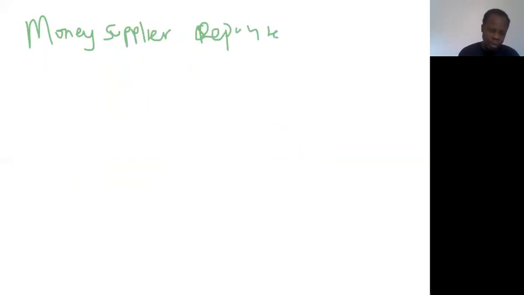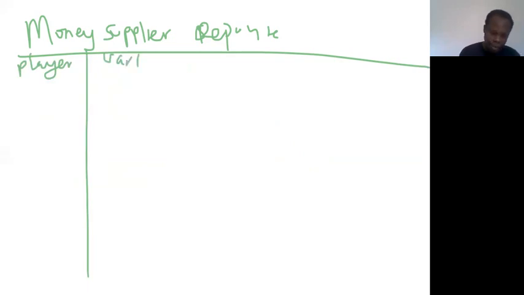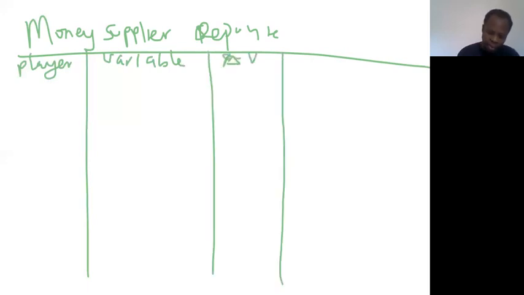First of all, I'm going to start with, let's say, I'll call this one players, you know, the key players. Let me look at the variable here, the changing variable, and I'll look at the money supply response. And I'll also give reasons why it is so.